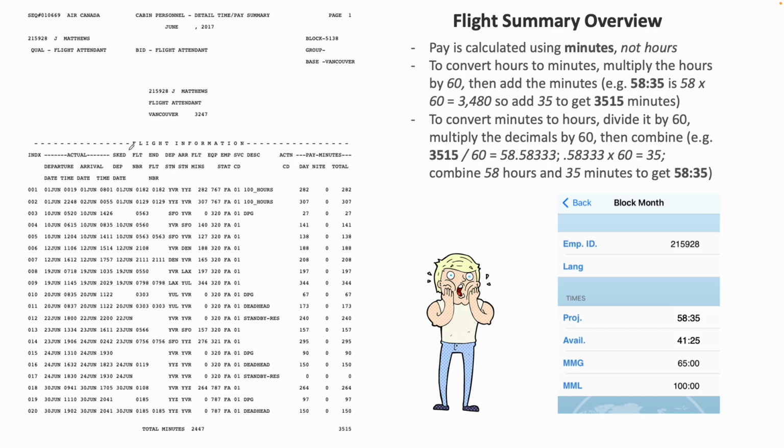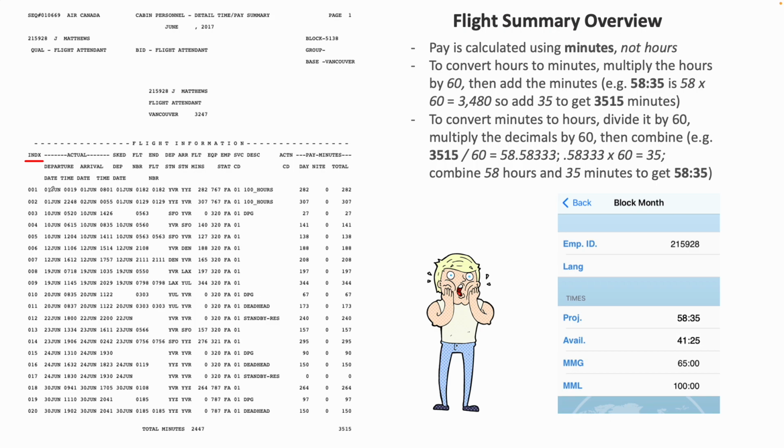The first major section of our flight summary is what is known as flight information. You can think of this section as the section that logs your activity for the month. Not necessarily how you're paid for that activity, just the activity itself. The first major column that we have is INDX, that is short for index.